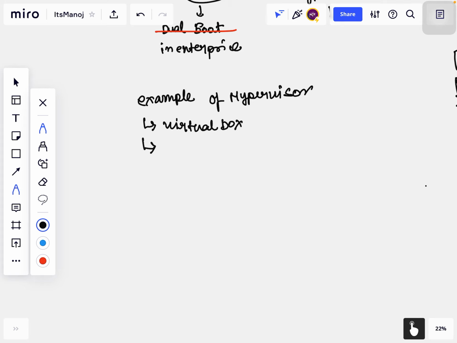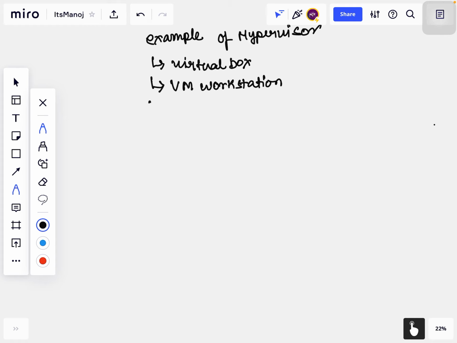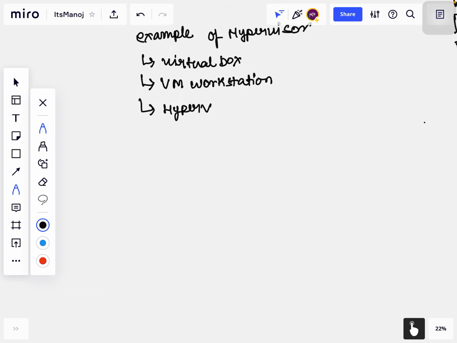We have VMware Workstation, an enterprise edition of the VMware offering that you can use in your organization for creating virtual machines. And from Windows there is something called Hyper-V. So these are examples of hypervisors.